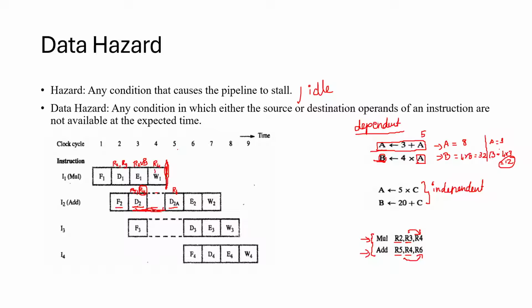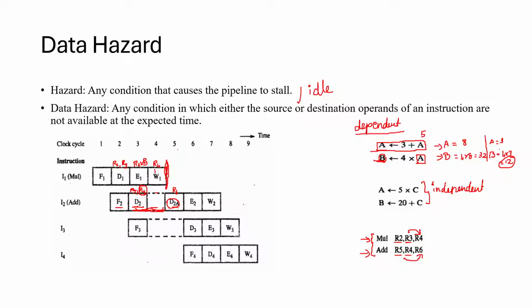Till clock cycle 4, instruction 2 cannot fetch the R4 value, as it is not ready. So instruction 2 needs to wait till clock cycle 4.